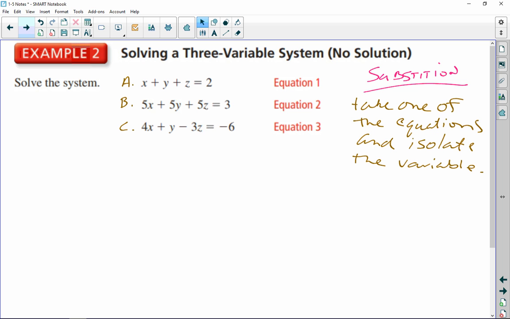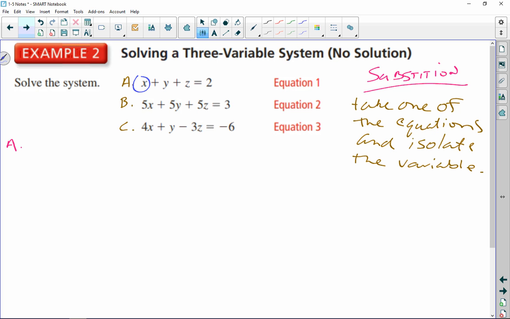Okay, which one do you think would be the easiest to do that on? Hey, very good. Because it has no numbers in front of the variables, does it? Which variable do you want to isolate for, X, Y, or Z? Does that matter? Let's just do the first one, X. Okay, so I'm going to take equation X, and I'm going to do it over here on the side.